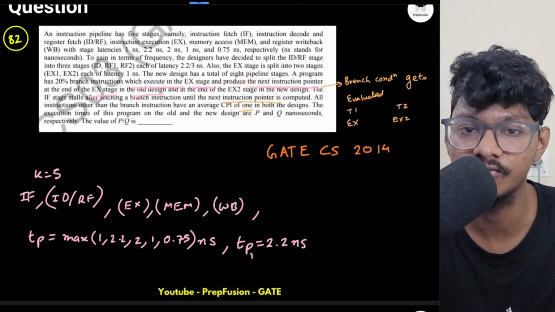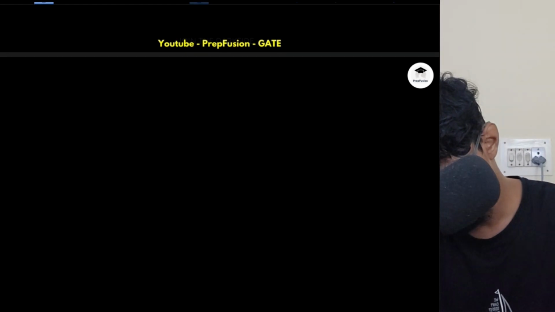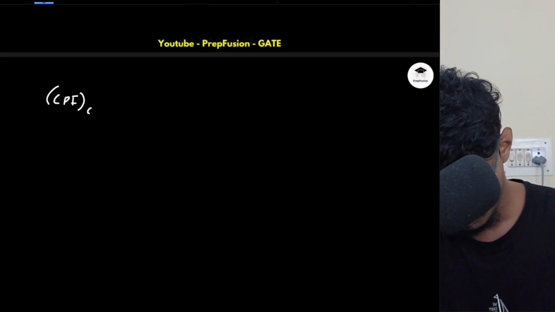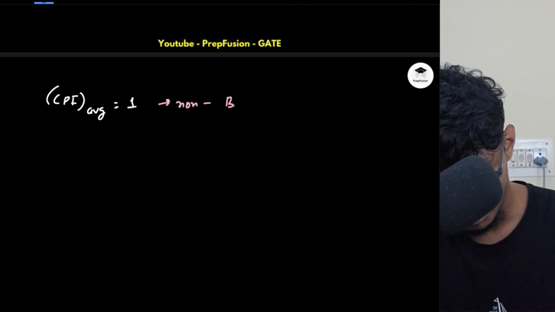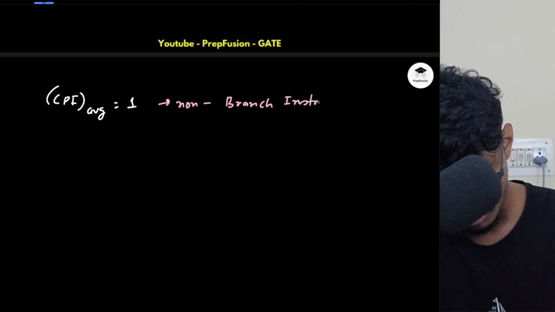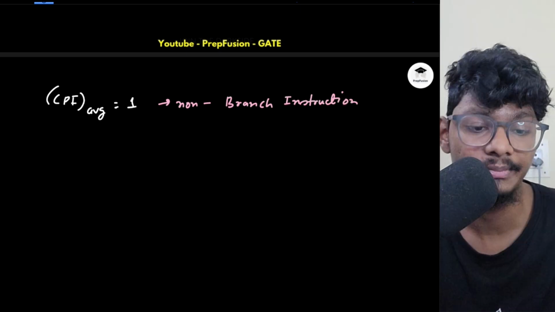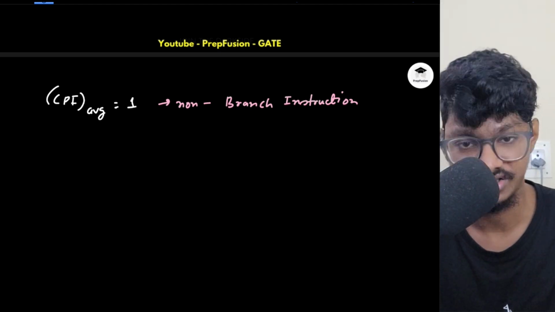What does average CPI of 1 mean? I will explain, just hold on. Average CPI is 1 for non-branch instructions. What was the meaning of CPI? Cycles per instruction.